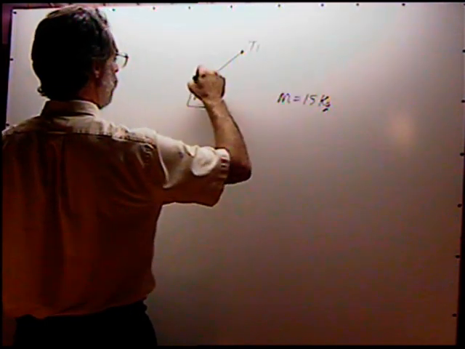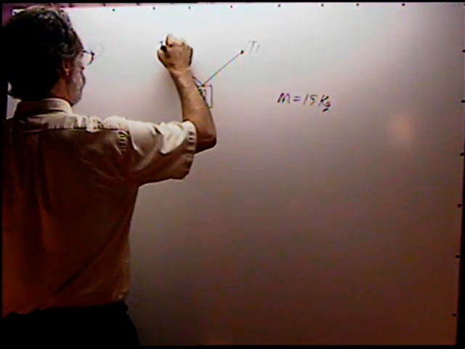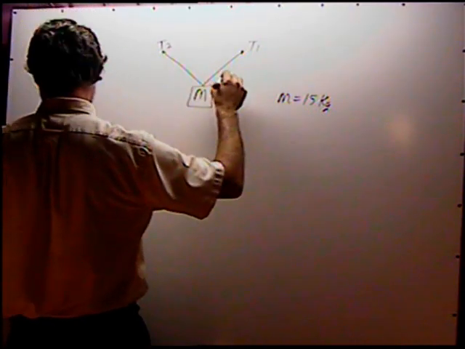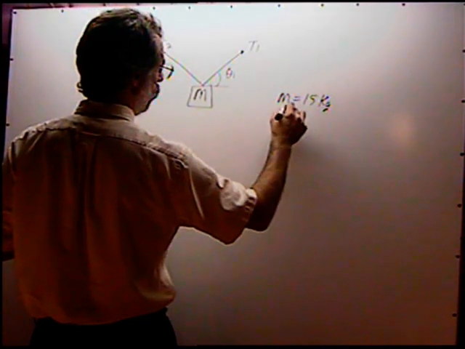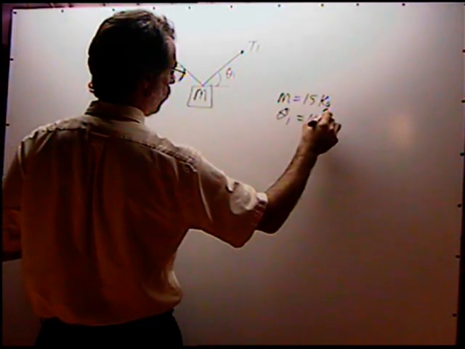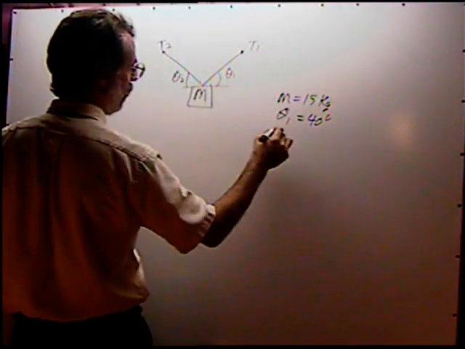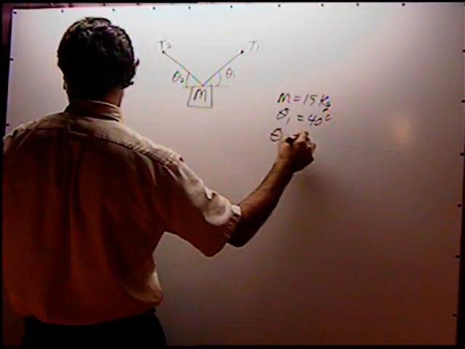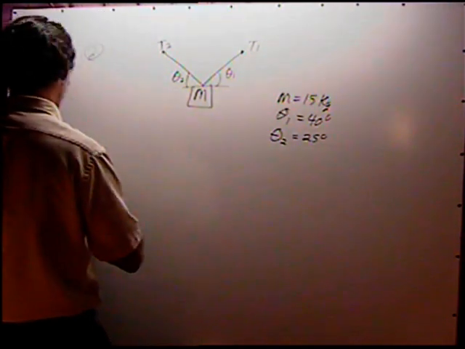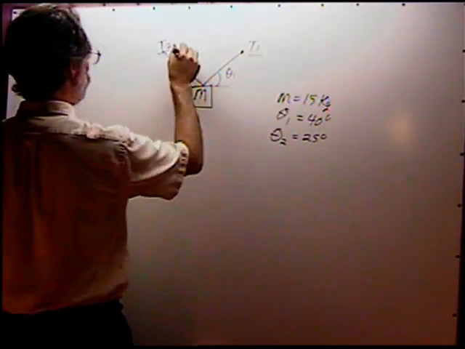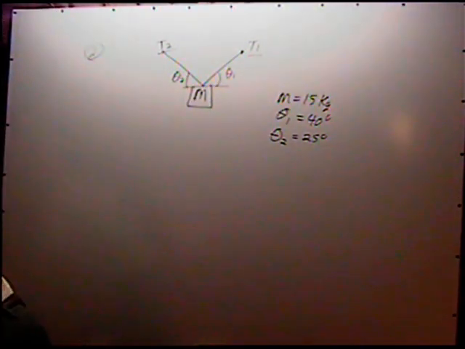This is T1, and this is T2. Theta 1 is 40 degrees, and theta 2 is 25 degrees. And the question is, what is T1 and what is T2, the tension? What are these two tensions?